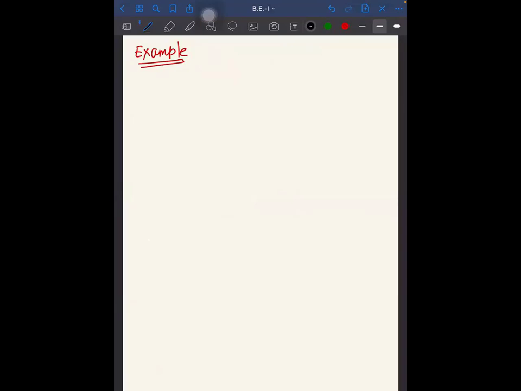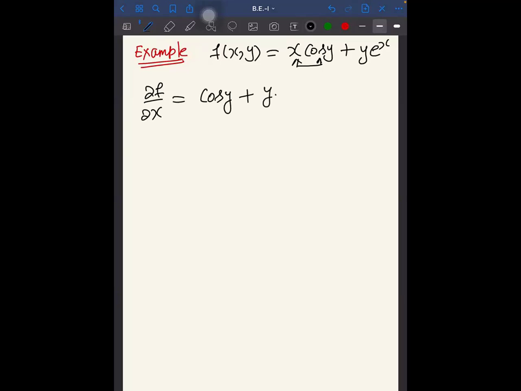So the example is, we need to differentiate with respect to x and with respect to y, and we have a function which contains x as well as y in this form. If you differentiate with respect to x, of course y will be constant, so that becomes cos y plus y times e^x, because the differentiation of e^x is e^x.